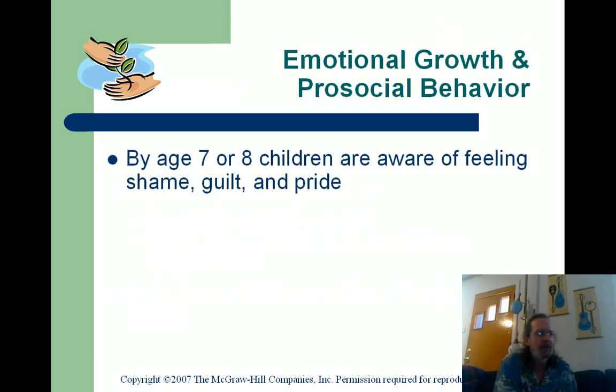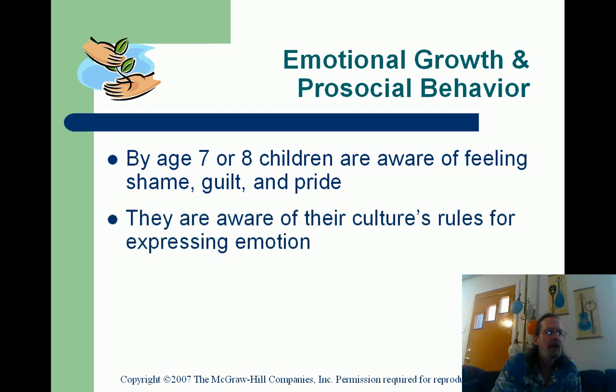Emotional growth. Kids at this age are aware of feeling shame, guilt, and pride. This shows that they are internalizing these rules and starting to understand what they mean. They start to understand that other people have emotions and how to express their emotions, both themselves and other people.